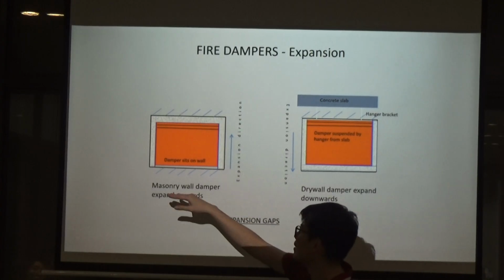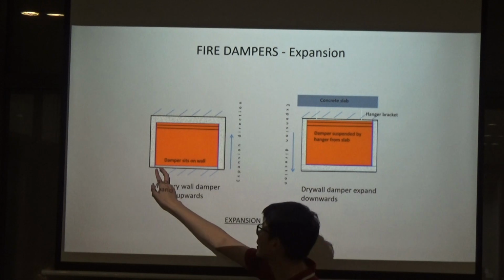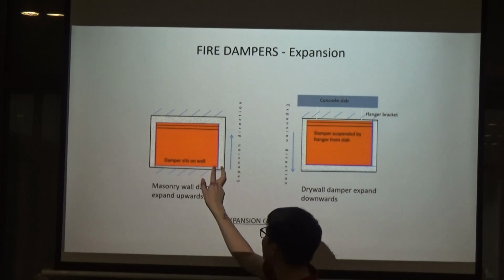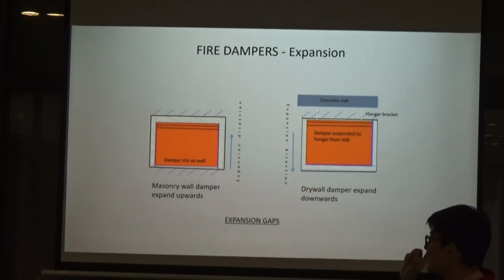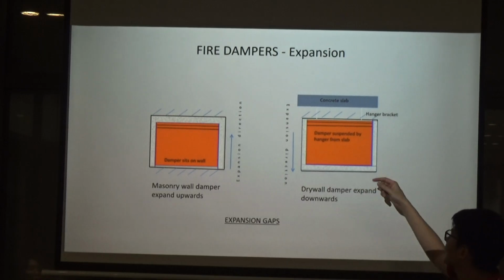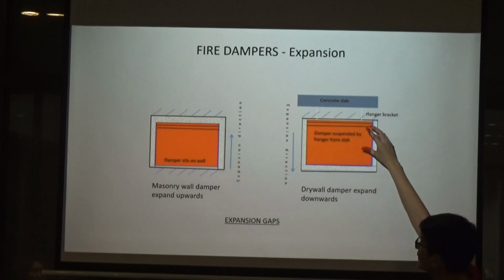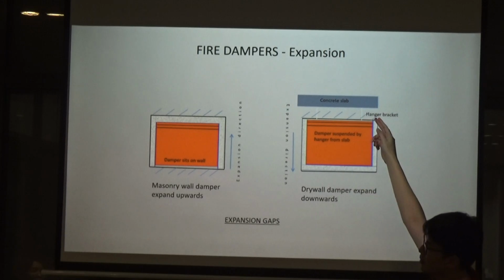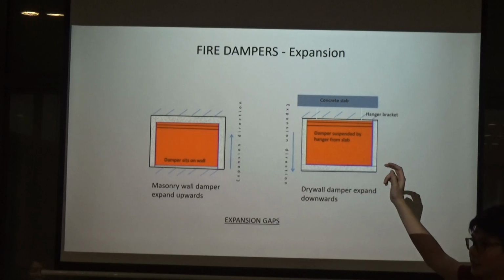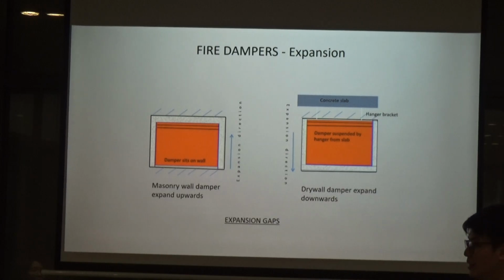For the left and right we can divide by 2, because we can adjust the fire damper so that these two gaps are equal. Then for drywall, we are hanging. So usually it's suspended from the top, so the gap at the bottom will be bigger than the gap at the top. So it's just a reverse.